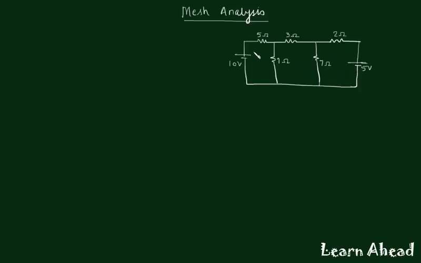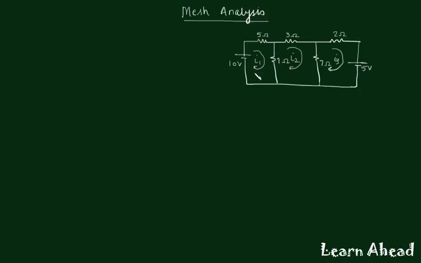So let's assign mesh currents. As you can see here, I have chosen clockwise direction of current in all the three meshes, and this is necessary because you can't have this one clockwise and this one anti-clockwise. You have to either choose anti-clockwise in all the three meshes or clockwise in all the three meshes.